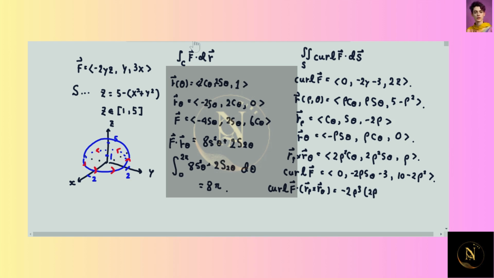You will get 2 sin²θ + 1, plus a ρ² term, 6ρ² sin θ. One more term: plus 10ρ.